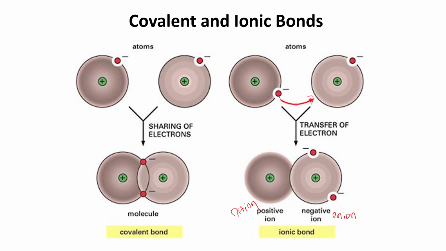And it is an attraction between the positive and the negative charges that is what we consider the bond. And it's really not a bond, it's more of an attraction. So covalent bonds, what happens in a covalent bond, we have two neutral atoms, and these atoms come together and share electrons.